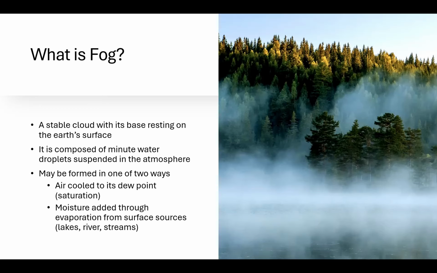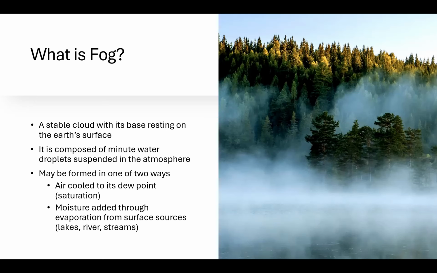In my last training video we talked about cloud formation processes and the importance of saturation. When the temperature is cooled to the dew point, it results in saturation and the formation of clouds. But in this case, we have a cloud that is resting on the Earth's surface, and that is exactly what fog is.